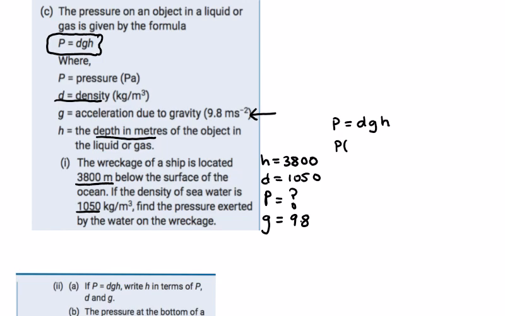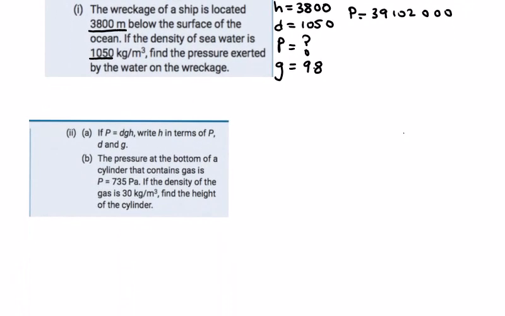So pressure is equal to 1050 by 9.8 by 3800, and pressure is equal to 39,102,000. Then we're asked to write h in terms of p, so that means h equals. If p is equal to d times g times h, if we leave h on its own and divide by dg, we get h.